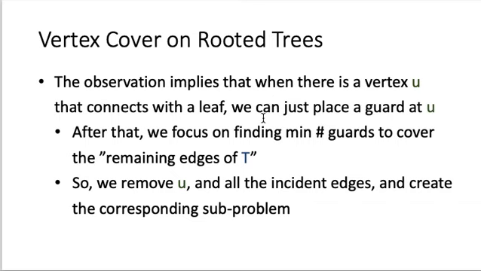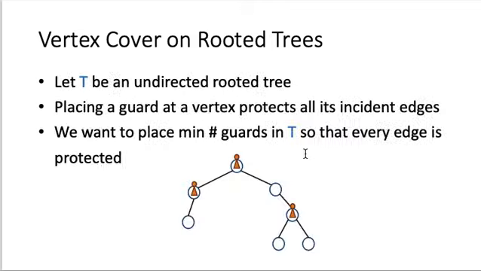The observation implies that we can just place a guard at U instead of the leaf. And so finding the minimum number of guards we will need, we will just place the guard at U like this, remove the edges that are already covered, and then focus on finding the minimum number of guards needed to cover the remaining tree.